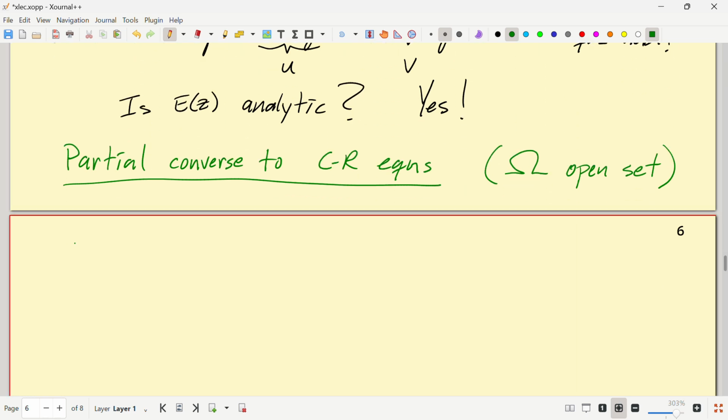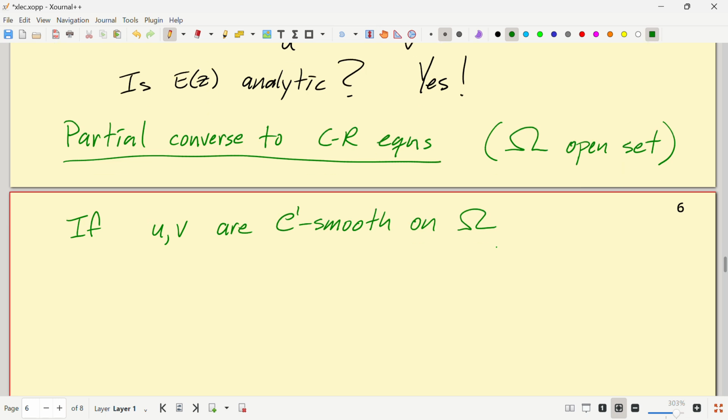So the converse is, if u and v are C1 smooth, I'll remind you what that means in a second, on the open set omega, and I'm thinking of omega as an open set in R2, which is the same as an open set in C. But u and v are real valued functions of x and y.